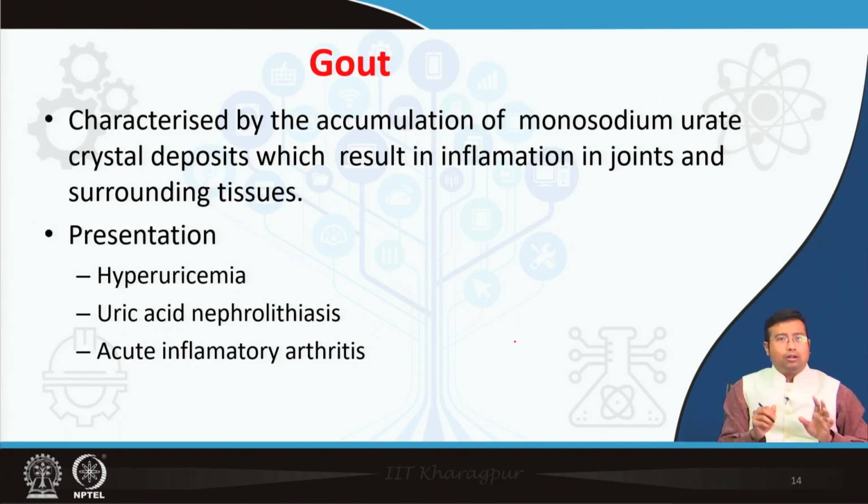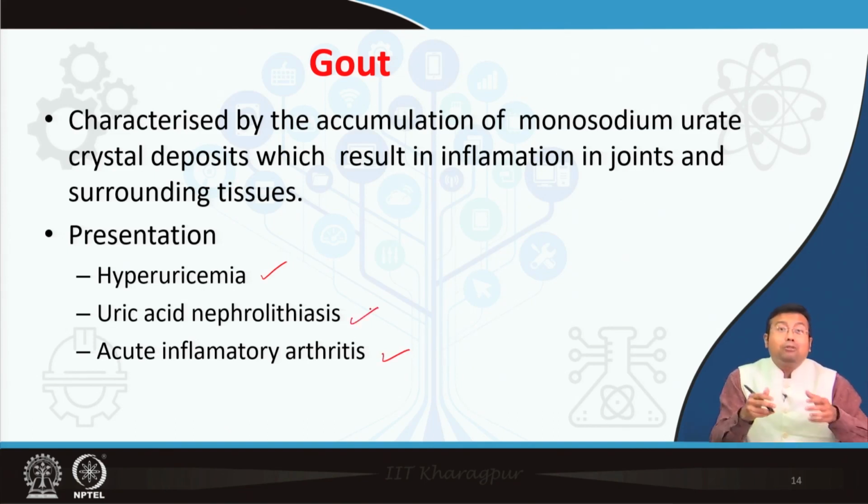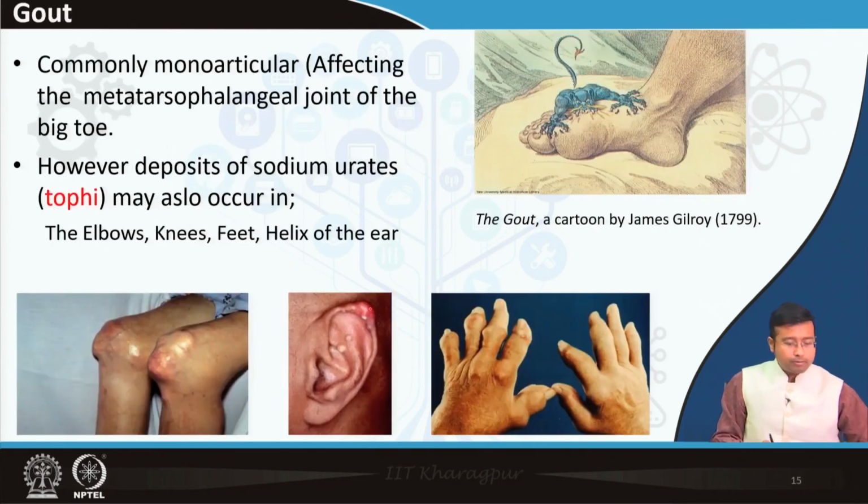So synovial joints are characterized by deposition of needle-like monosodium urate crystals, leading to acute inflammation and excessive pain, producing this disease known as gout. What are the characteristics? Hyperuricemia, acute inflammatory arthritis, meaning pain in joints, and also uric acid nephrolithiasis, meaning formation of uric acid stones in the kidney.